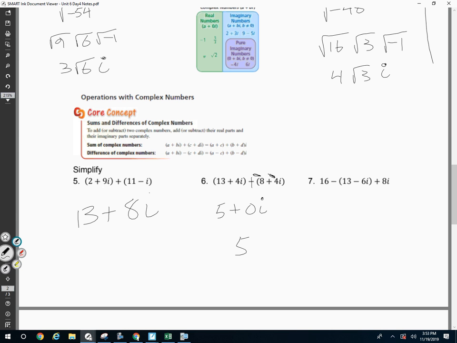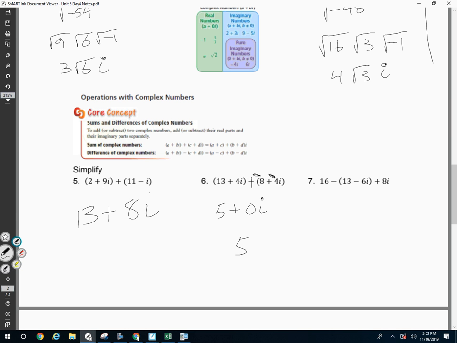All right, you guys do the next one, please. Tell me what 16 minus (13 minus 6i) plus 8i is. All we're doing is just showing you that we can combine these like we do like terms with x's. Okay? Please do that. Making sure we distribute negatives.